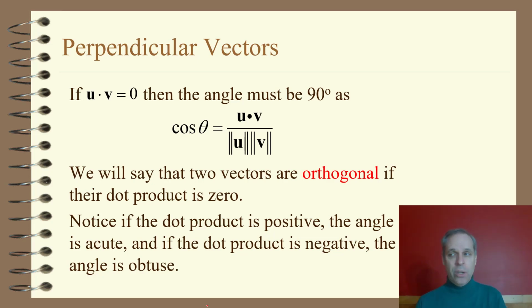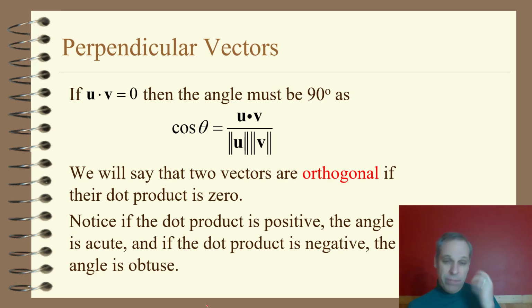And there's only one angle between 0 and 180 whose cosine is 0. That's 90 degrees. So we will say from now on that two vectors are orthogonal, not perpendicular. They're called orthogonal if their dot product is 0, and vice versa. If their dot product is 0, then they're called orthogonal.